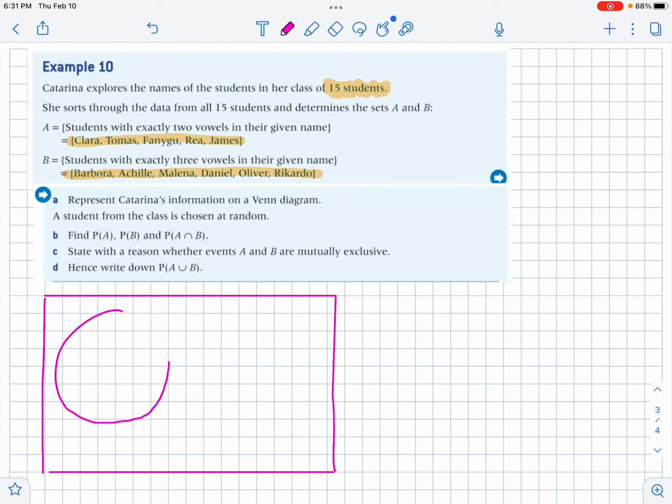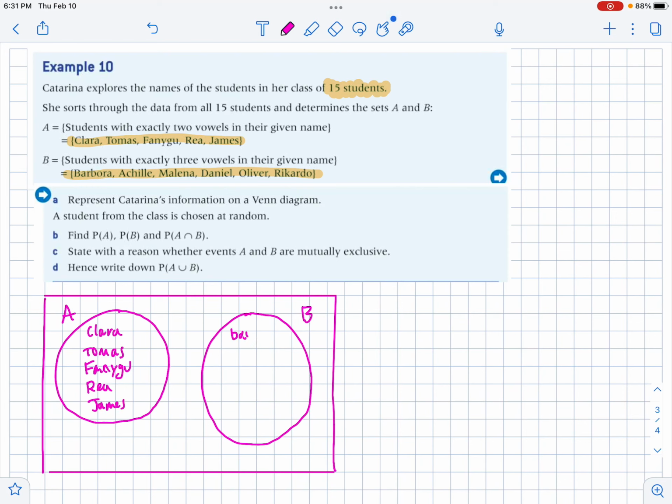So we'll do one set here. For the 2 vowel people, we'll just call them A. And then another set for the 3 vowel people, which is B. So this is Clara, Tomas, Fengu, Rhea, and James.